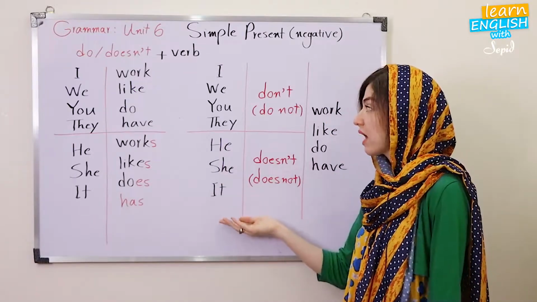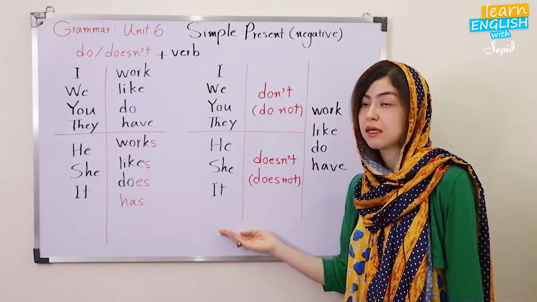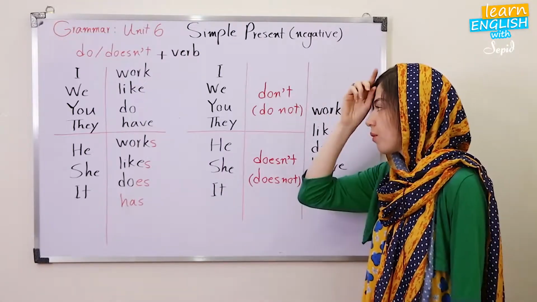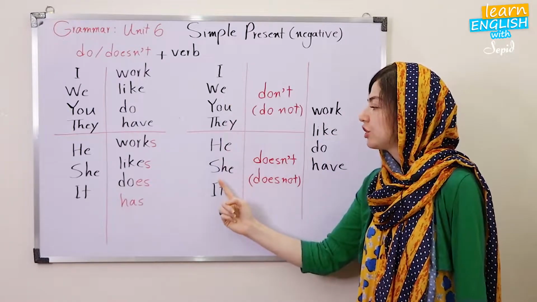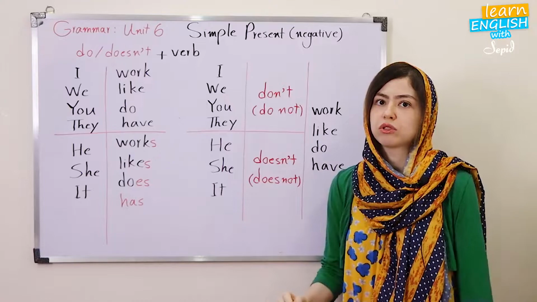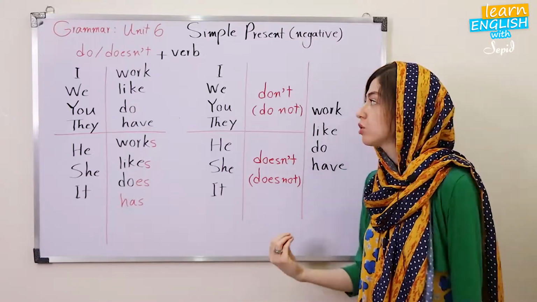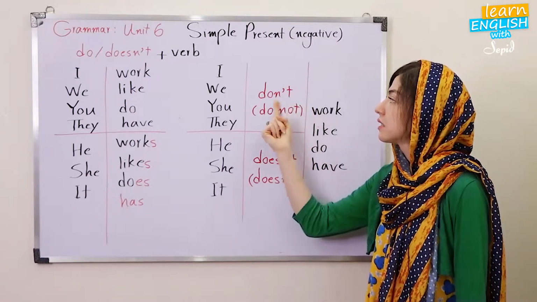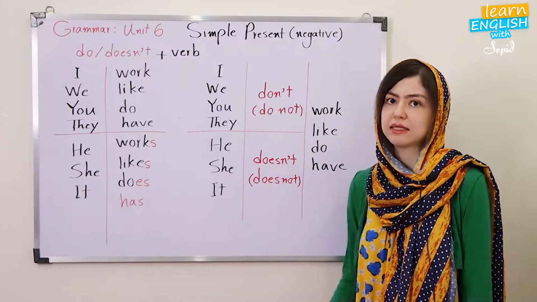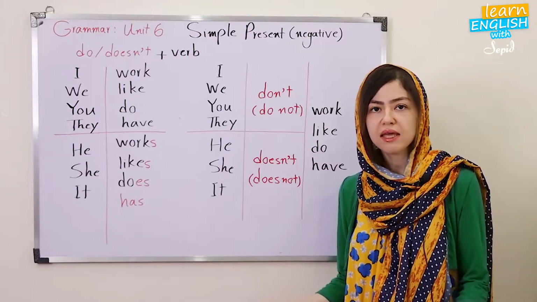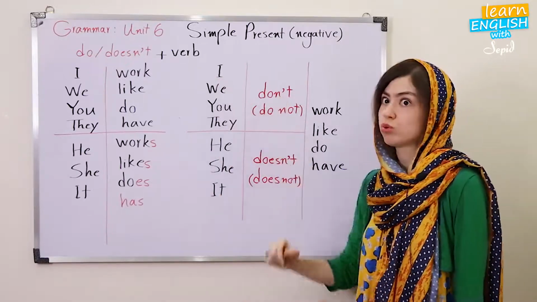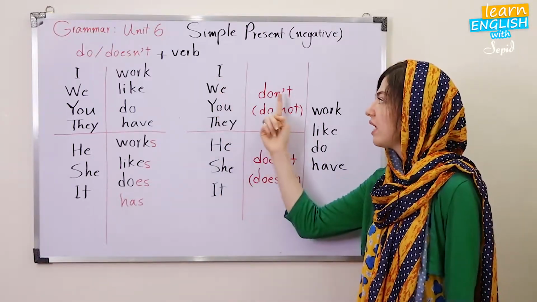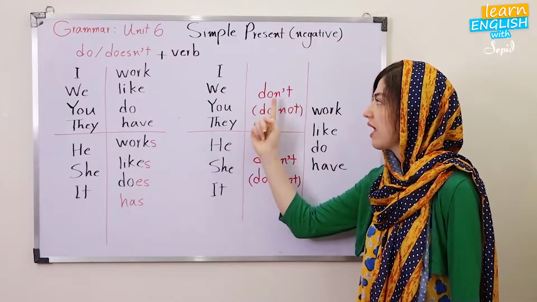This is the point of today's lesson. Let's go. Here, I, we, you, they, he, she, it. Okay, the subject pronouns. After the subject pronouns, we need don't or doesn't, okay, in order to make a negative statement. So, I don't, we don't, you don't, they don't.